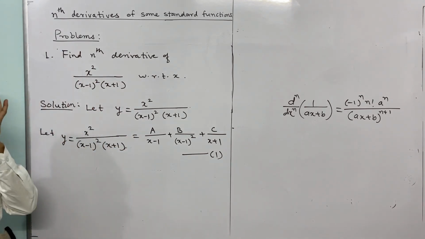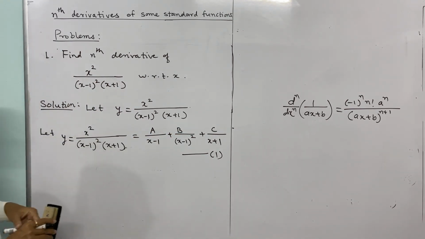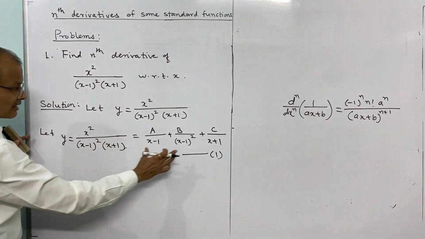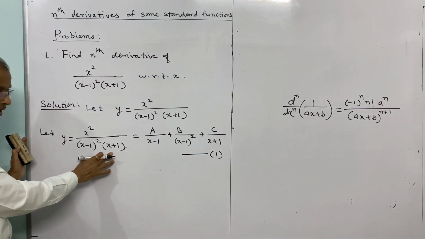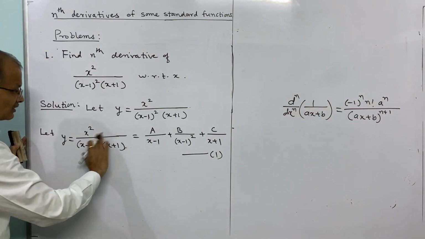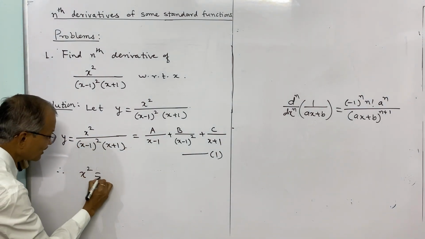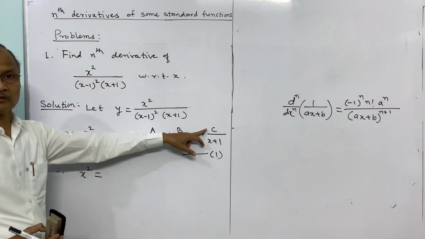Now what we have to find out is the values of a, b and c. For that purpose, we write the equation. Take the LCM as x minus 1 whole square into x plus 1, and then equate the numerators. The numerator on the left side is x square. After taking the LCM, we have to write the numerator on the right side.